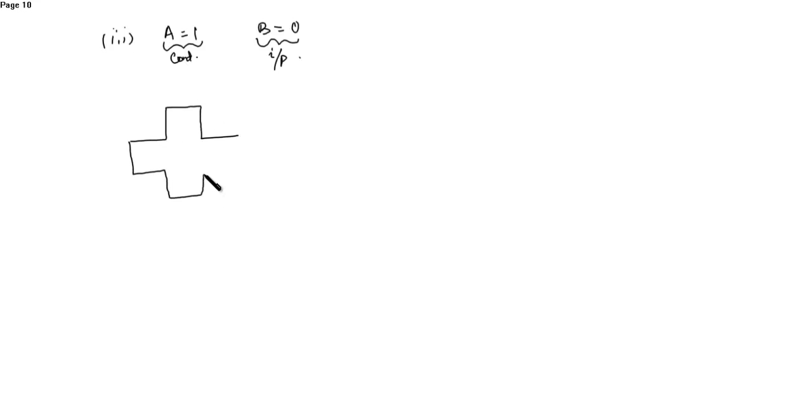The third condition is if A is equal to 1, B is equal to 0. This is again the control, and this is the input. So here this is the PMOS 1, this is NMOS 1.